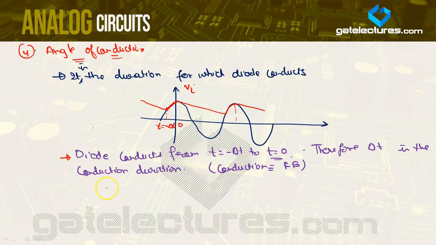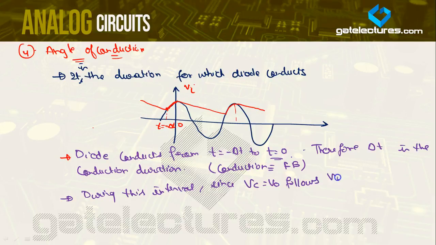So during this particular interval, since your Vc is equal to Vo, which follows Vi, we can say Vo is equal to Vc is equal to Vm cos omega naught t, only for this particular interval.